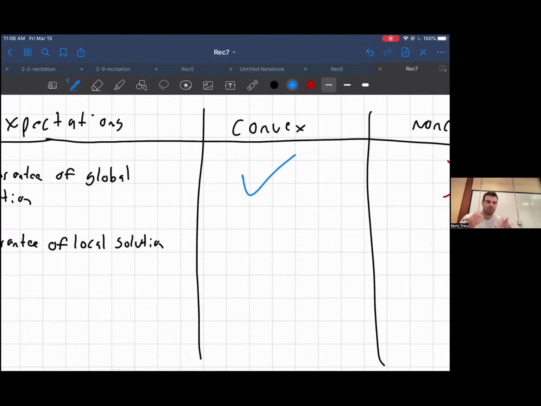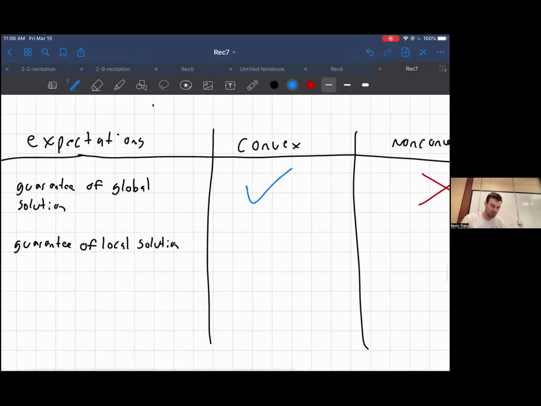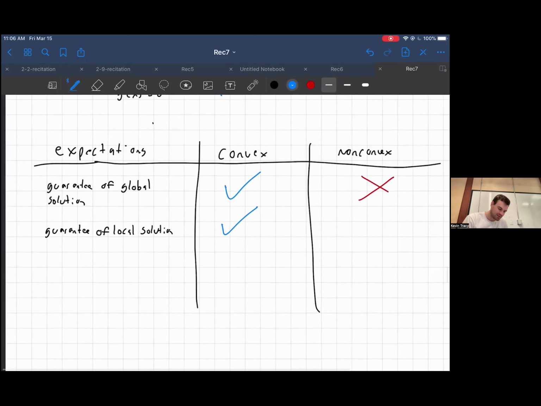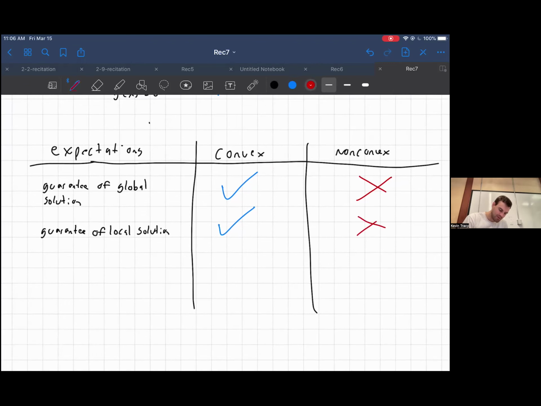Because we have a guarantee that we'll find the best solution ever, we will definitely find a locally optimal one, because anything locally optimal is globally optimal. Now with non-convex problems, we have no guarantee of even finding a local solution. This is a big deal, because it is the least you could ask for from a solver, a local solution, and it wouldn't be able to do it.